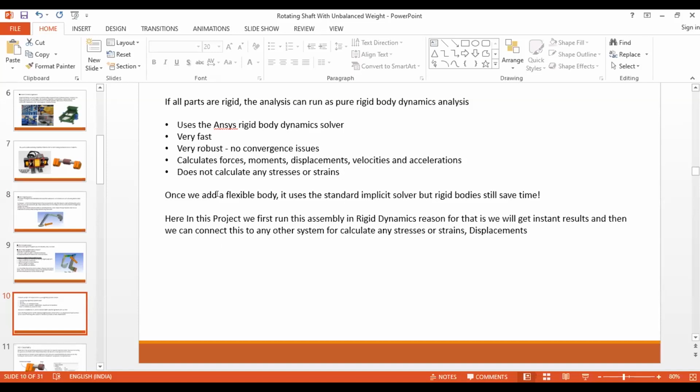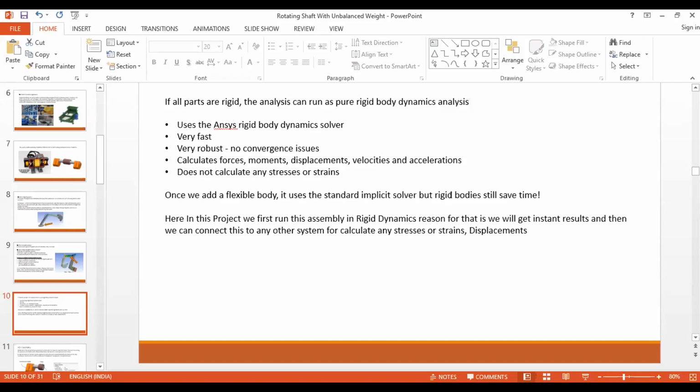So it's not going to calculate any stresses or strains. But once we add any flexible body, it uses the standard implicit solver. That is, implicit means transient analysis only. But this will also save time because we have some rigid bodies.